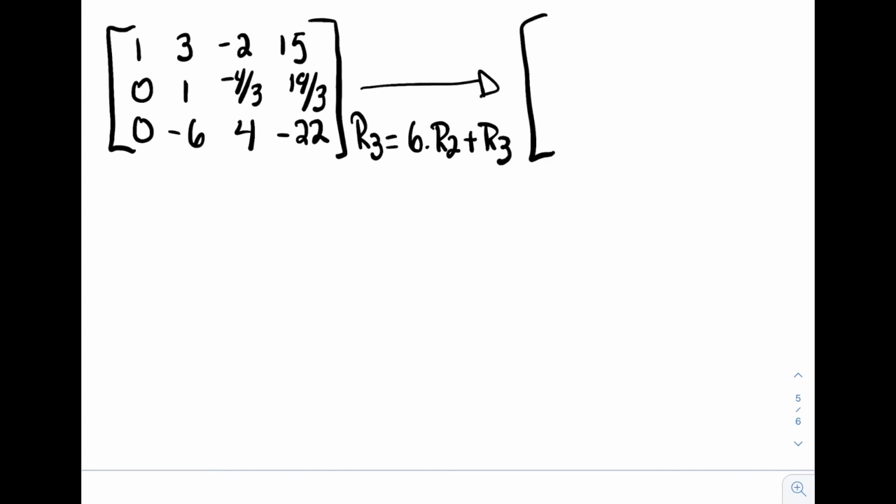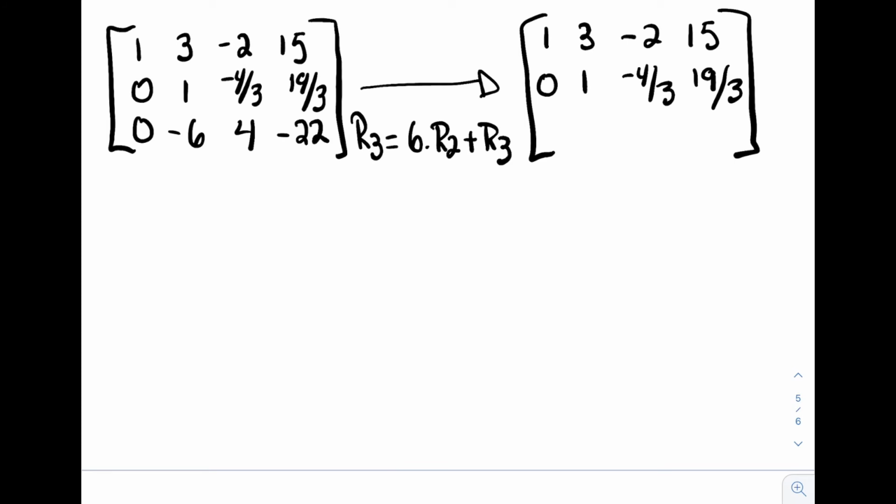So once again, you can recopy your first two rows because they're going to be exactly the same after this operation. Now that we've recopied our matrix, we can go ahead and apply the row 3 operation, which is going to give us 0, 0, -4, and 16.